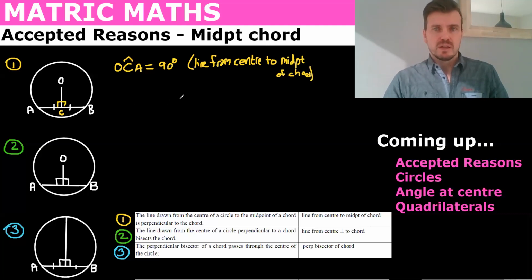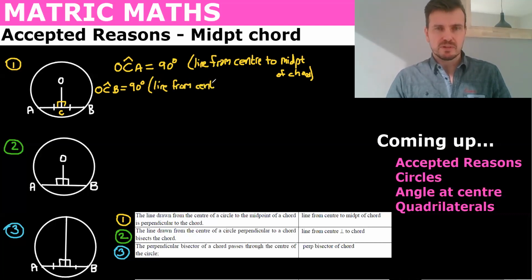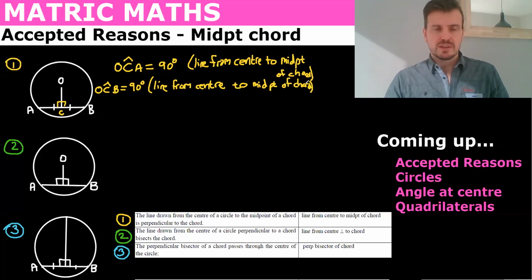And the same, we could also say OCB equals 90 degrees. And then the same thing, line from center to midpoint of chord, because it's coming from the center and it's going to the midpoint of a chord. Okay, so that's the first variant.